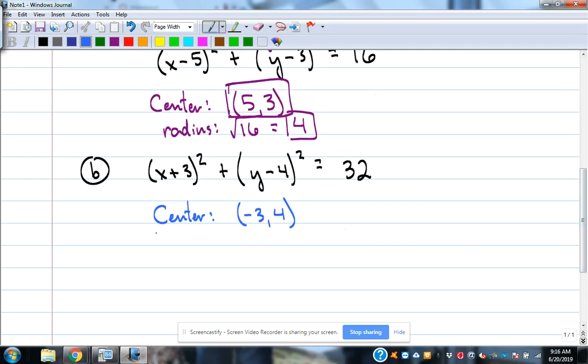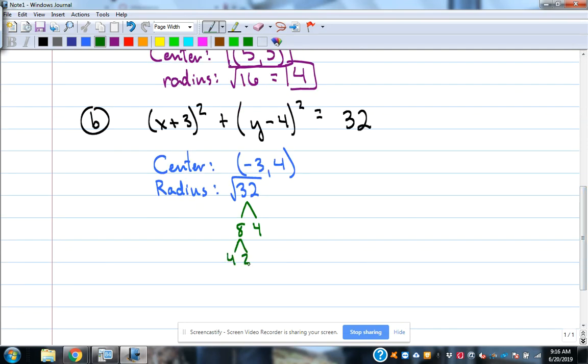Radius a little tougher on this one because 32 doesn't have a good square root. So we're going to do that simplifying of the square root idea that we did before with the factor tree. You're always going to take the square root of this number on the end. So 32, that'd be 8 times 4.